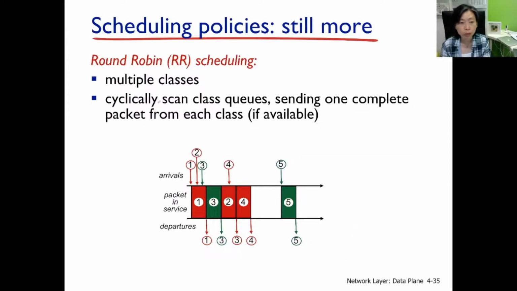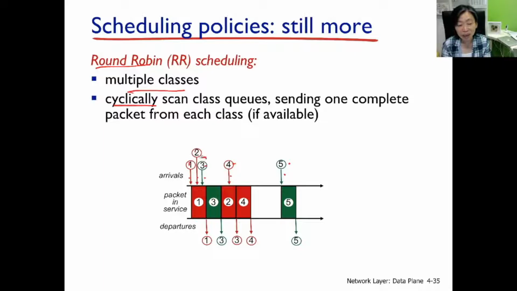Now, if we do round robin, the rotation-based, class-based queuing, we do have multiple classes, but we do a cyclical scan of the different class queues and send one at a time. Same pattern: packets 1, 2, 3, 4, 5 arrive at these points in time. But this time, the second packet is higher priority and the third packet is lower priority. So which one do we send next?